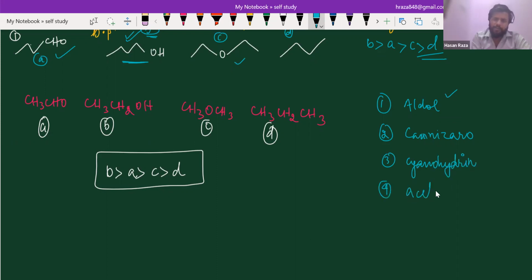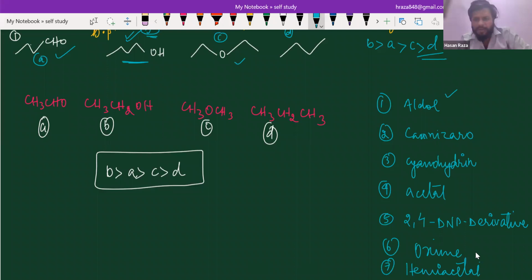Acetal. Cover some of these topics, and then there is the 2,4-DNP derivative. These are the most important topics if the whole chapter is coming, along with oxime and hemiacetal. I think there will be 9 to 10 topics like this: cyanohydrin, acetal, 2,4-DNP derivative. Just read about what each is and the reaction, and then it will be all good. Okay.